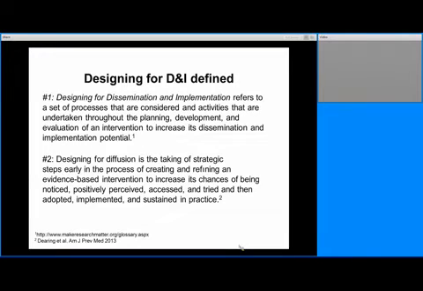And these processes are there to create and refine your evidence-based intervention, to increase its chances of being noticed, positively perceived, accessed and tried, and then adopted, implemented, and sustained. So it's not only for initial adoption and implementation, but also to increase sustainability. And that's a key piece and a very interesting, high-interest topic in implementation science right now.